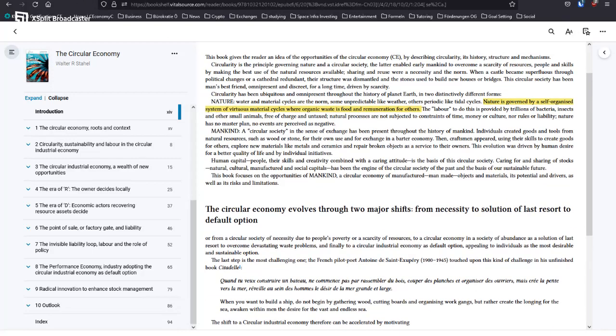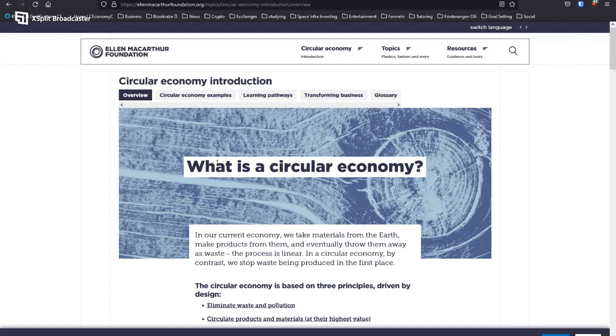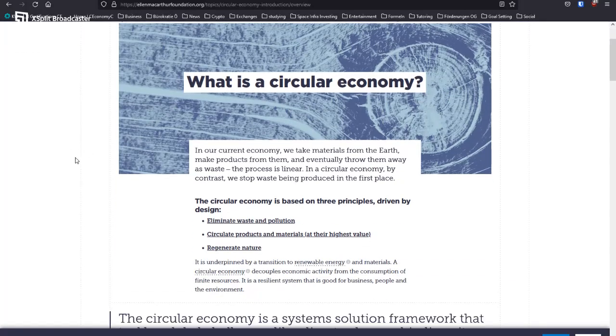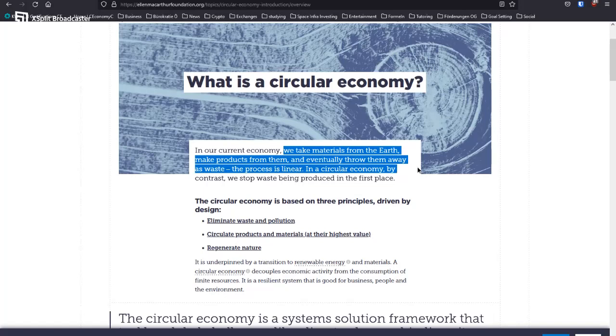the Ellen MacArthur Foundation described this really, really well. Circular economy introduction. What is a circular economy? In our current economy, we take materials from Earth, make products from them, and eventually throw them away as waste. Well, that process is linear, and this linear process is actually non-sustainable because oil and other primary resources are finite and take millions of years to replenish.